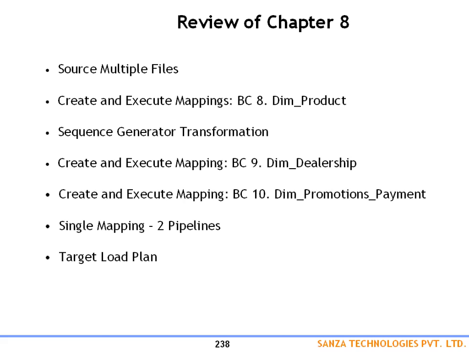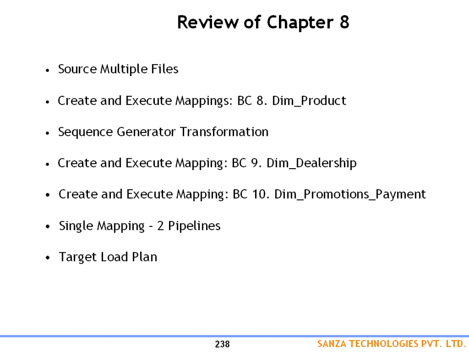We will use NEXTVAL to connect to the product key. We initialize it in the properties of the sequence generator: at what number you want to start, and also the increment value. Then when you execute the session, the current value is moved into NEXTVAL, and as the process goes on, based on your increment, the next value gets incremented.